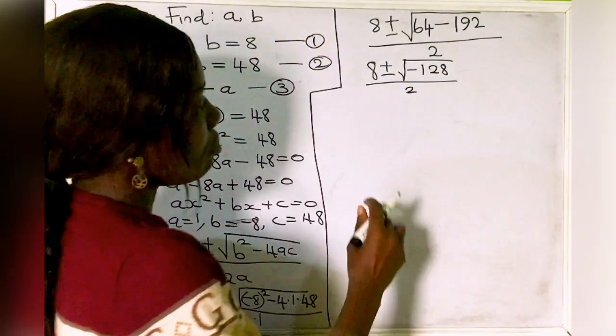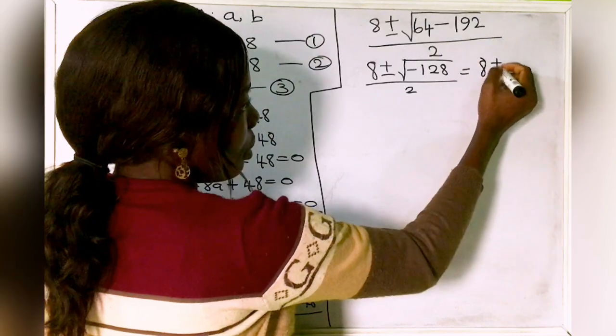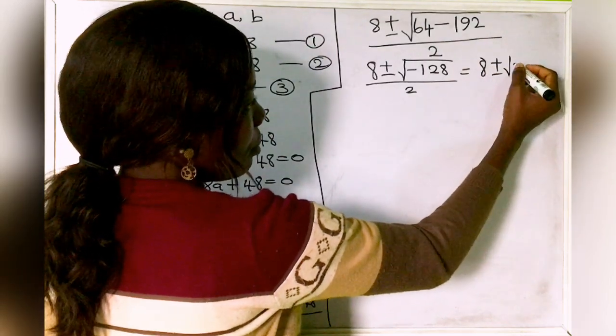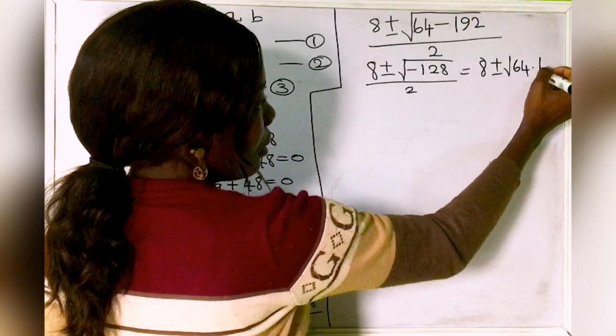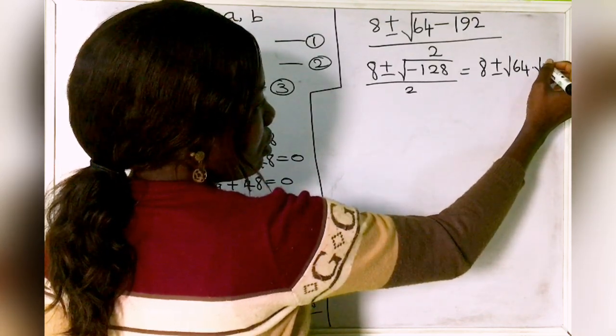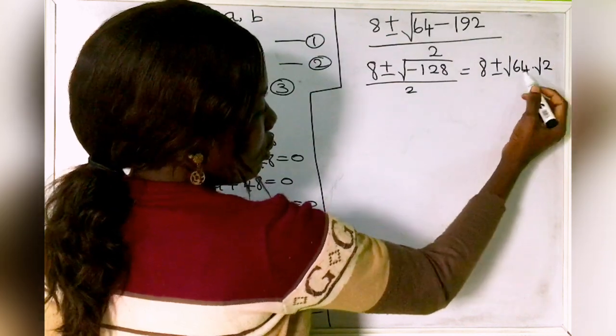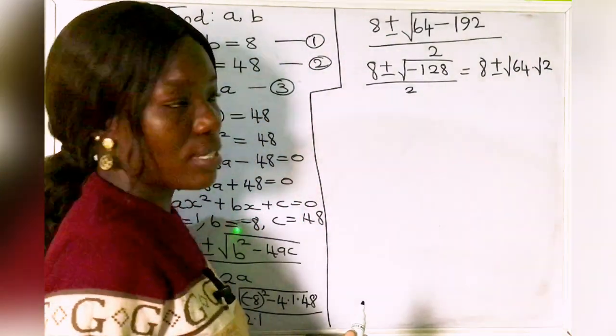So now we can say that this will be 8 plus or minus the square root of 64 multiplied by negative 2, because 64 times 2 is going to give you 128.